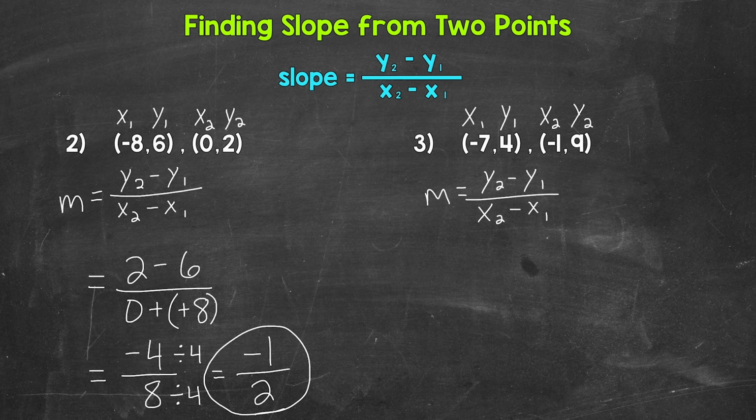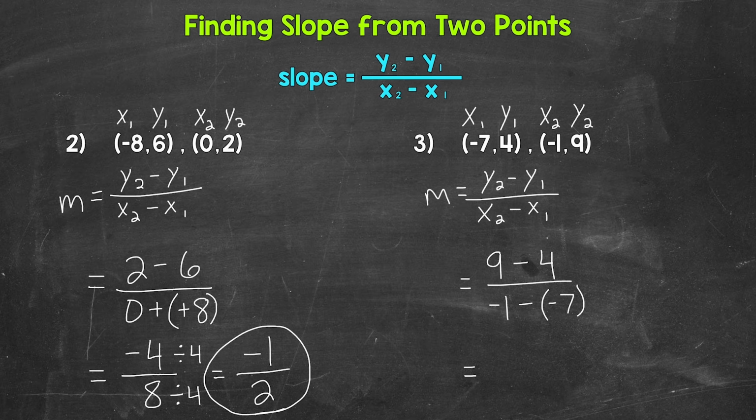So let's plug those in. y2 is 9 minus y1 is 4 over x2 is -1 minus x1 is -7.